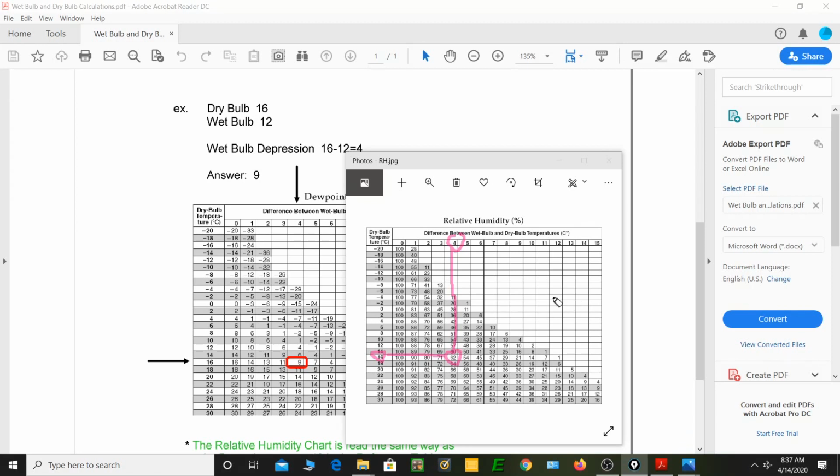As the air temperature changes, the percentage changes. Okay, so this is dew point over here, this is relative humidity. The reason why there are no numbers up here is because these conditions don't exist in nature. All right, so hopefully that made sense, and we'll do some practice calculations.